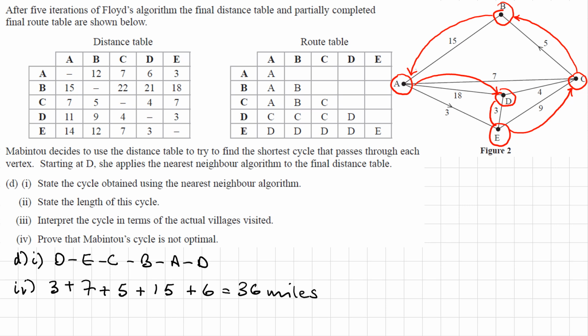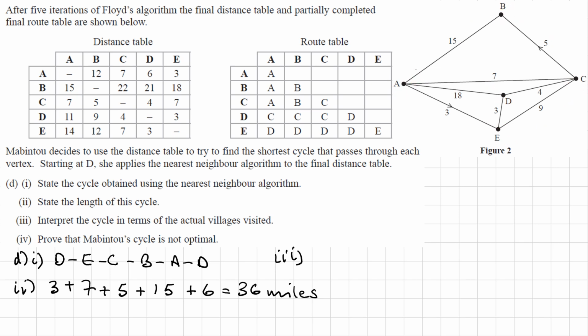Now we're on to the third part of part D. And this is saying that we need to interpret the cycle in terms of the actual villages that have been visited. So we had to go sort of backwards and forwards to get those shortest distances. So let's just rub this out and let's actually look at the route that we took. So we started at D. Let's write that down.